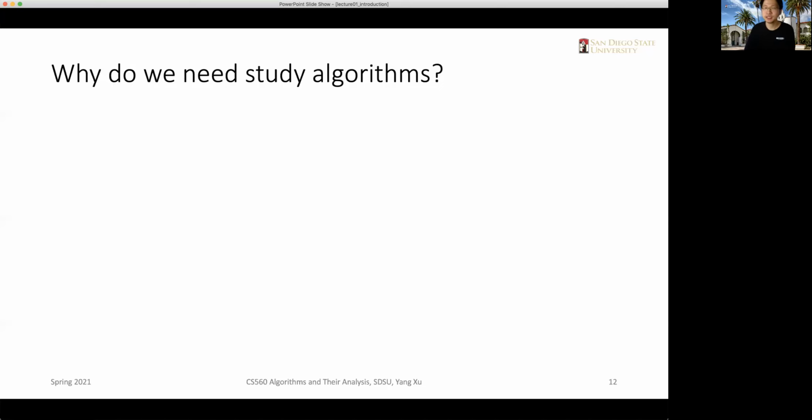So why do we need to study algorithms? We all have a feeling, it seems to be common sense, that computers are getting more and more powerful nowadays, right?